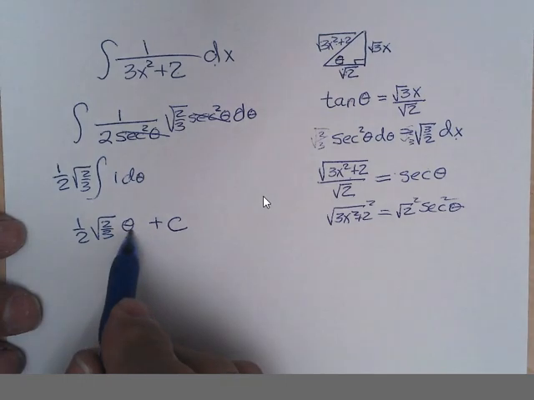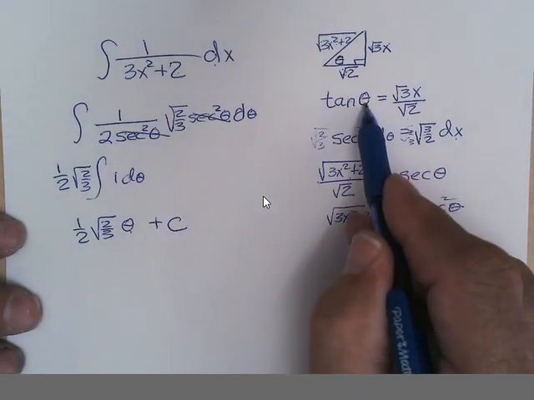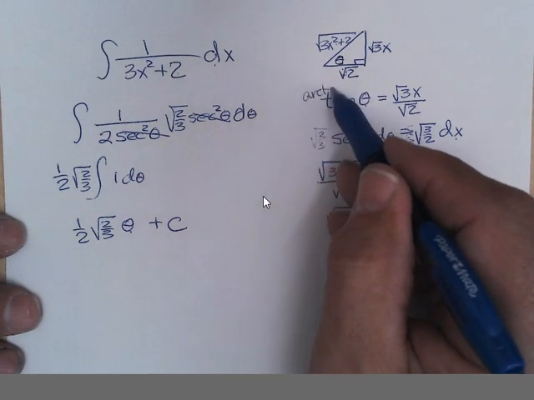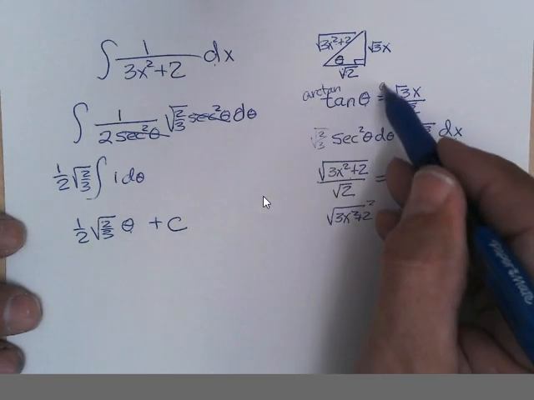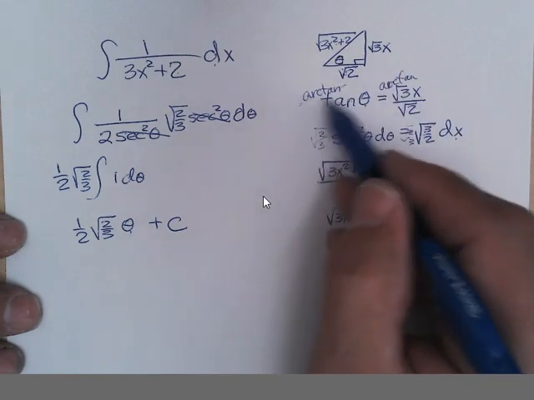But this is manufactured. We have to go back and, let's see, what was theta? Well, to solve for theta, I would take arctangent of both sides to get rid of the tangent.